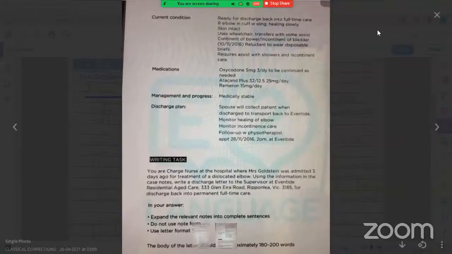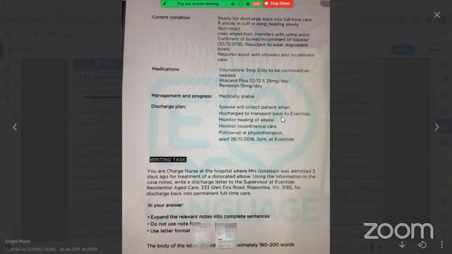Okay, no problem. So using the information in the case notes, for discharge back into permanent full-time care, requires permanent full-time care. Okay, what is the discharge plan?